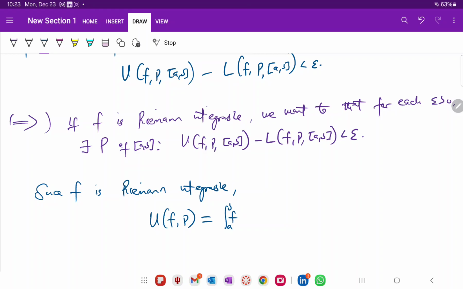So let's denote our integral to be I. Let I equal the integral over [a, b] of f, so that it will be easier for us to handle.